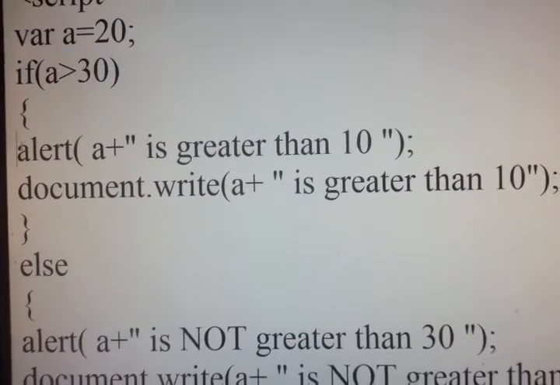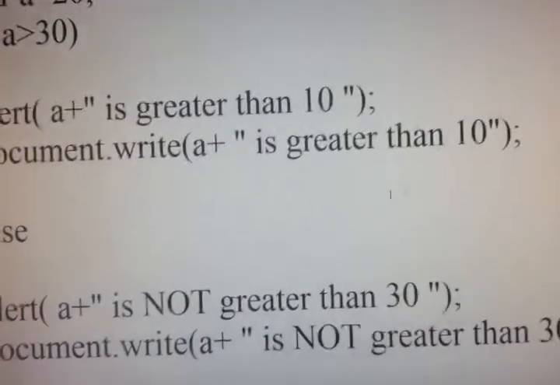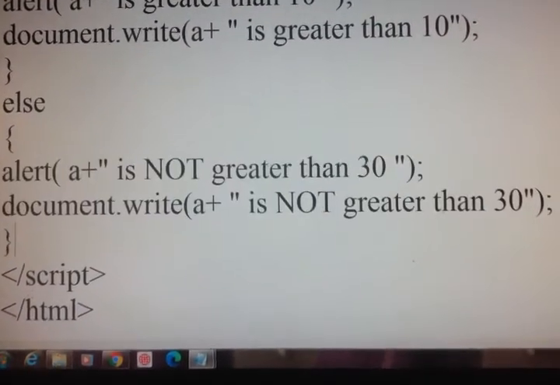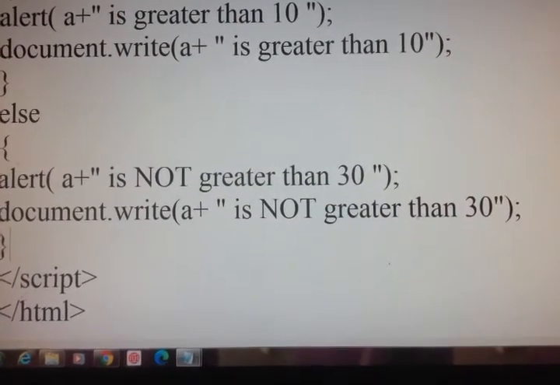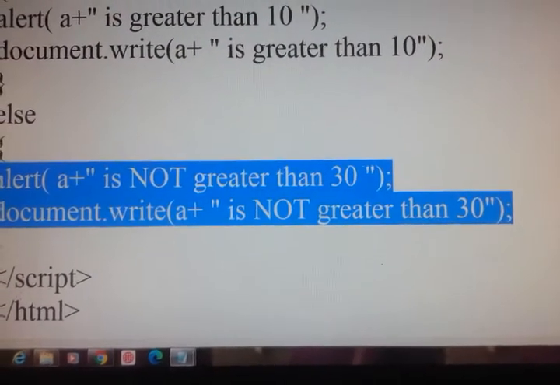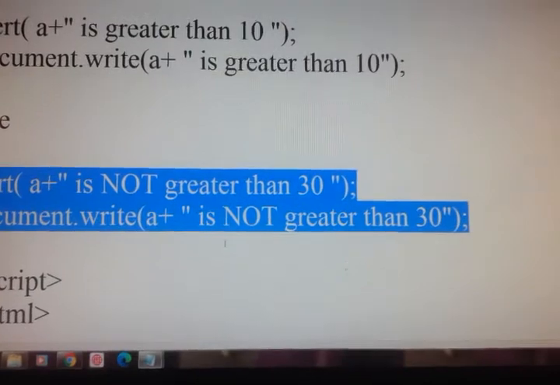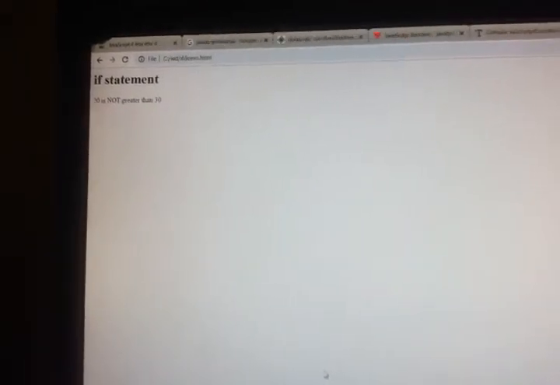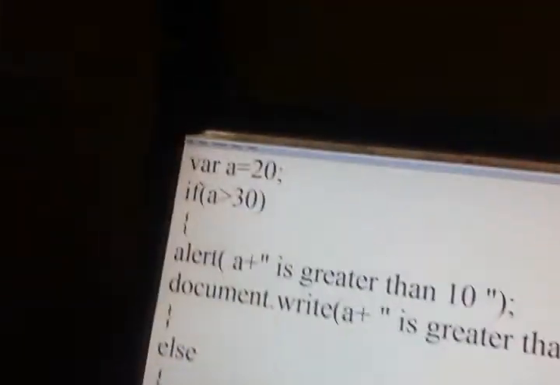So when it is failing, it is not activating this. It is going to the else part and activating this particular statement. So we got 20 is not greater than 30. This is simple if else.